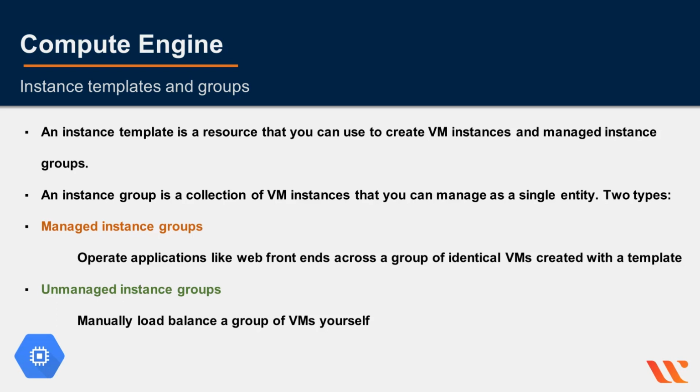So you have managed instance groups and you have unmanaged instance groups. Managed instance groups operate applications like web frontends across a group of identical VMs created with a template. Unmanaged instance groups are those where you manually load balance a group of VMs yourself.